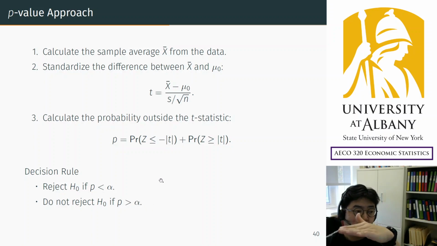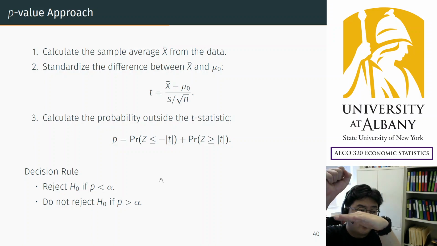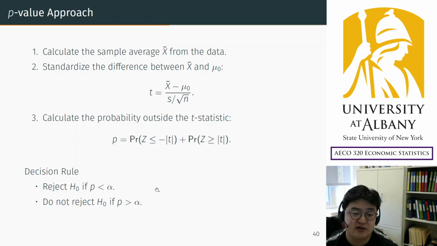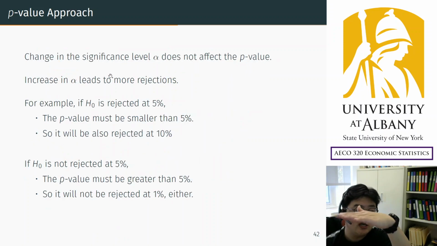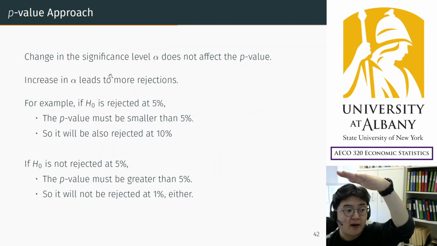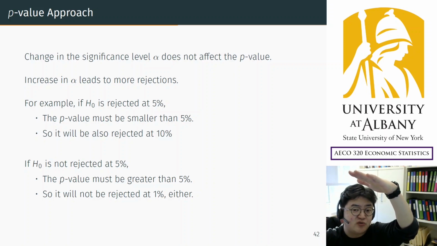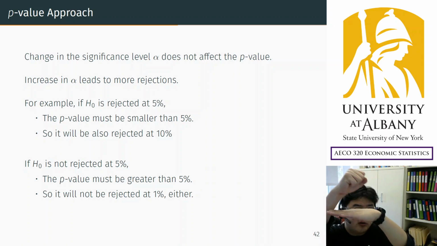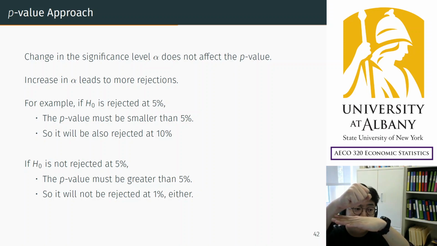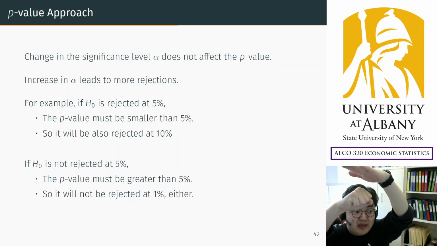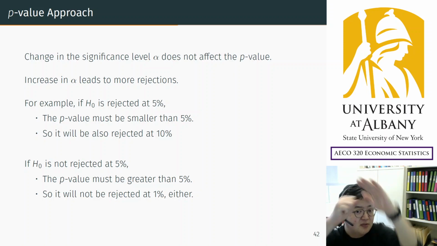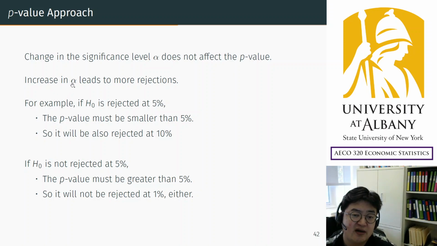If your data is above that, you don't reject, but if your data is below that, you have to reject. So if you increase alpha, you're raising the bar, so you are more likely to reject. If your data was above the significance level, you don't reject, but if you increase your standard, it is now below, so it is rejected. So higher alpha, more rejections. Keep that in mind.